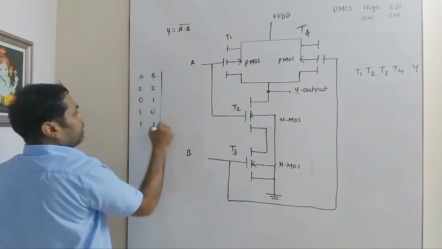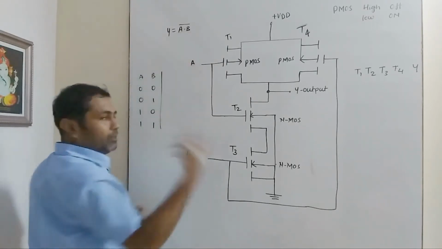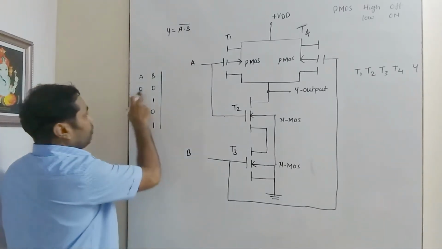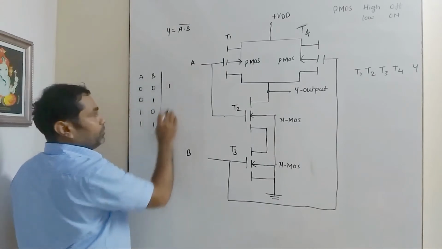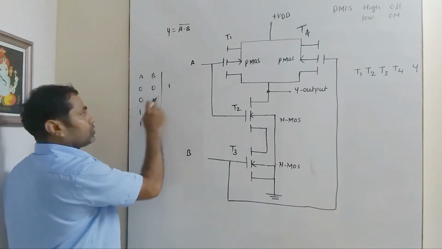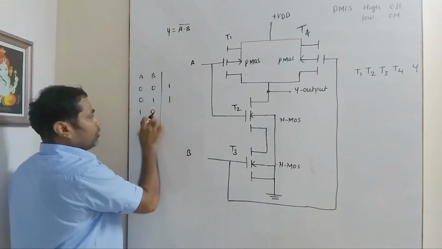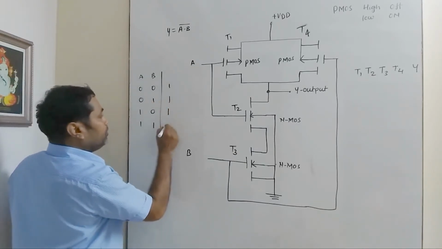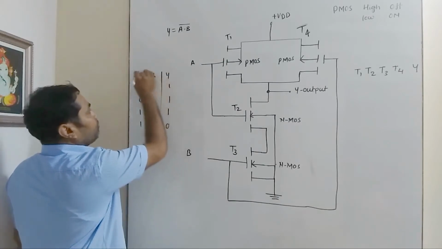In a NAND gate, the product is done first and then the complement. So 0 into 0 is 0, its complement is 1. 0 into 1 is 0, complement is 1. 1 into 0 is 0, complement is 1. 1 into 1 is 1, its complement is 0. So this will be the truth table for the NAND gate.